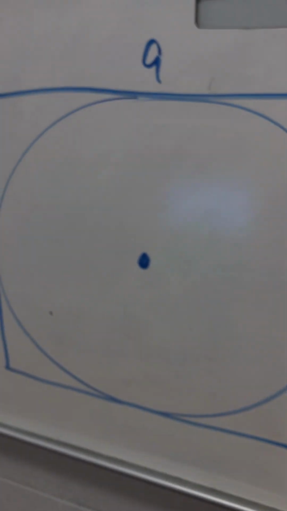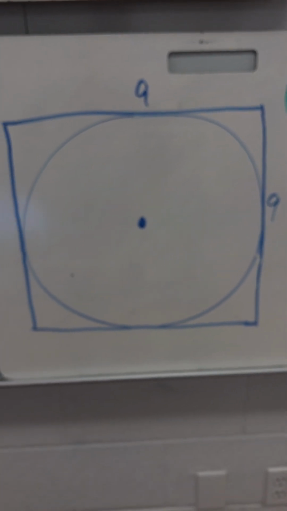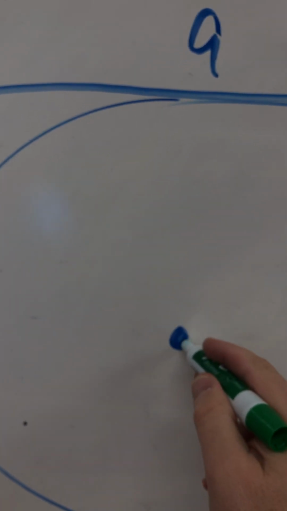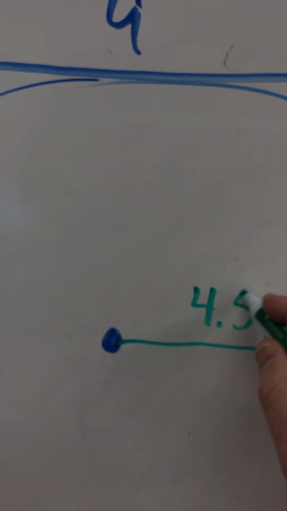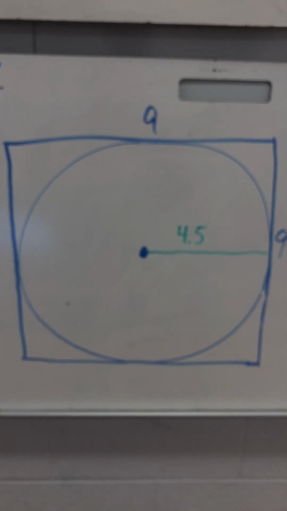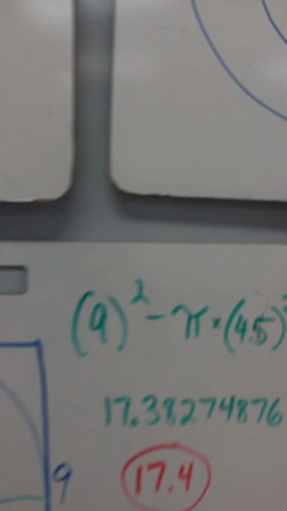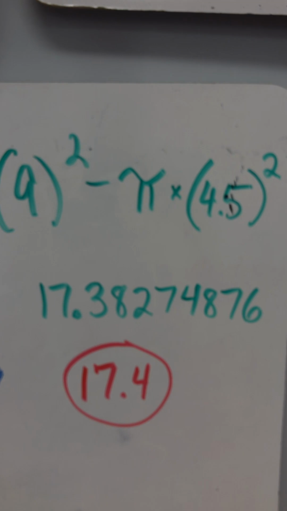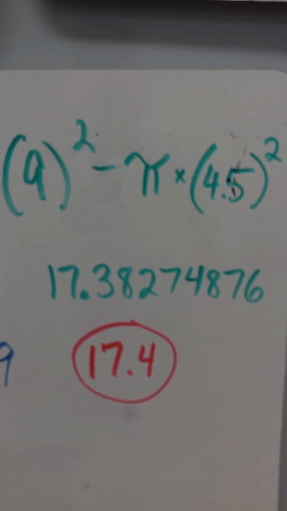Okay, over here. What is the radius of the circle? If the length of one side is 9, isn't this radius going to be 4.5? So we're going to do 9 squared minus pi times 4.5 squared, and we get 17.38, which is going to round to 17.4.